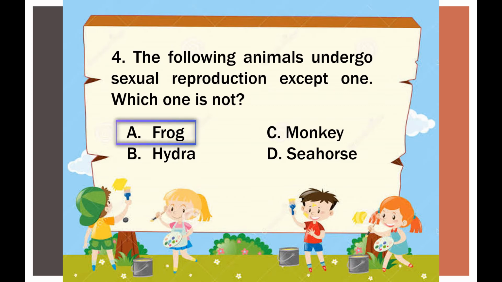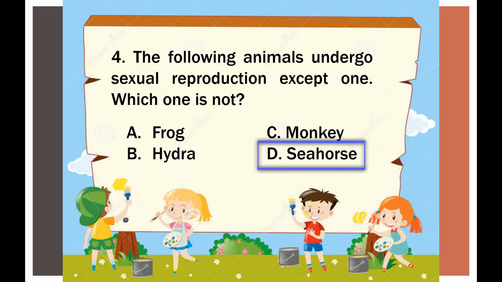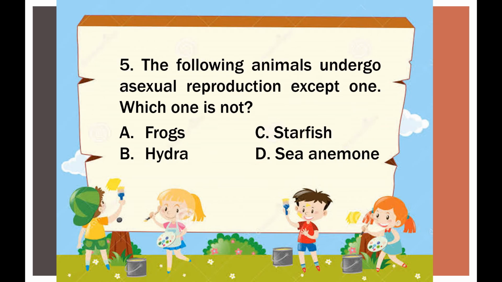Letter A, frog. B, hydra, C, monkey, D, seahorse. Number 5. The following animals undergo asexual reproduction except one. Which one is not? Letter A, frogs, B, hydra, C, starfish, D, sea anemone.